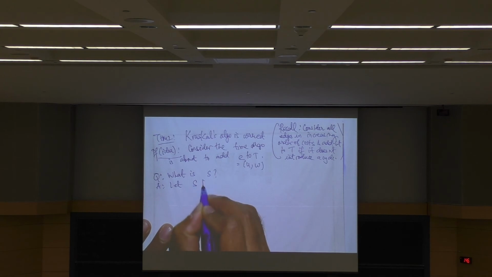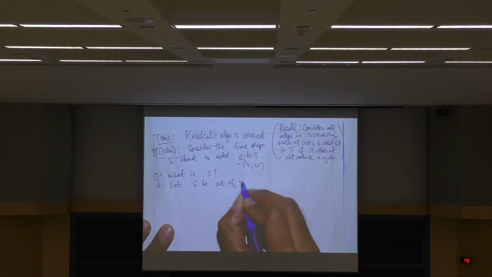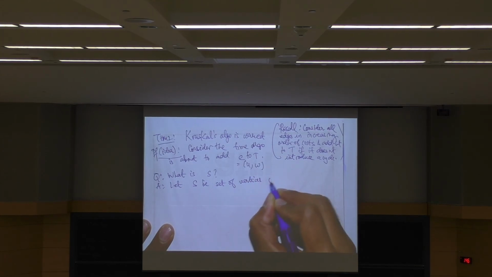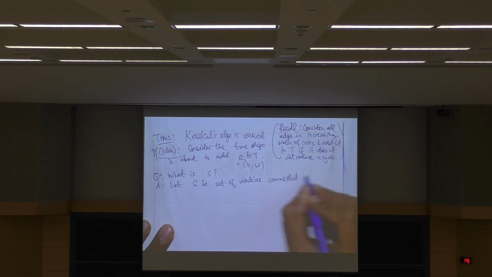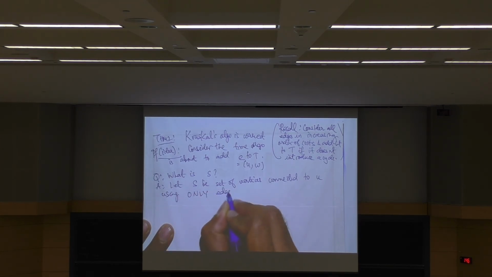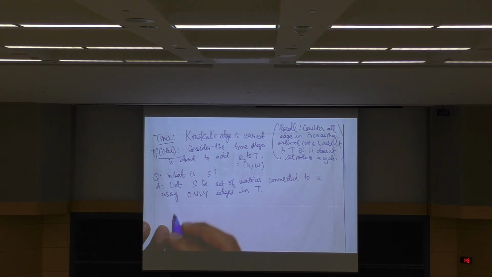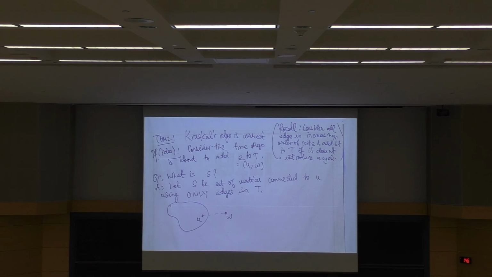So let S be the set of vertices connected to u using only edges in T. The situation looks like this: I have this edge e that I want to add.